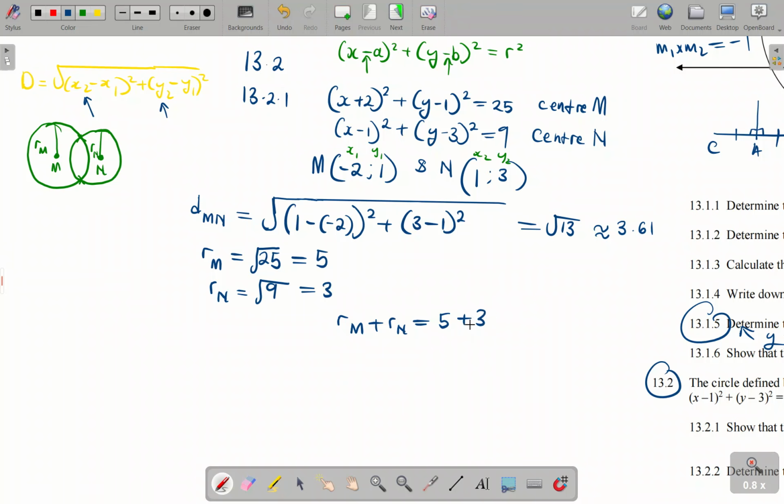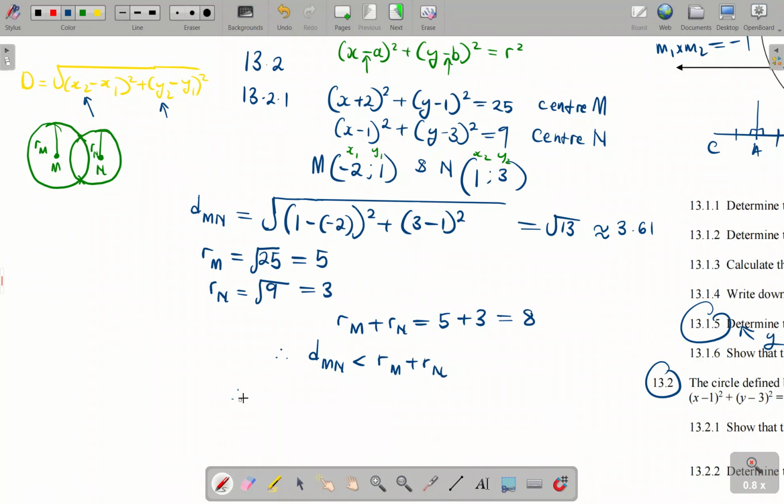So you see, 8 is bigger than 3.61. So you say, therefore, the distance between their centers, which is mn, is less than the sum of their radii, rm plus rn.